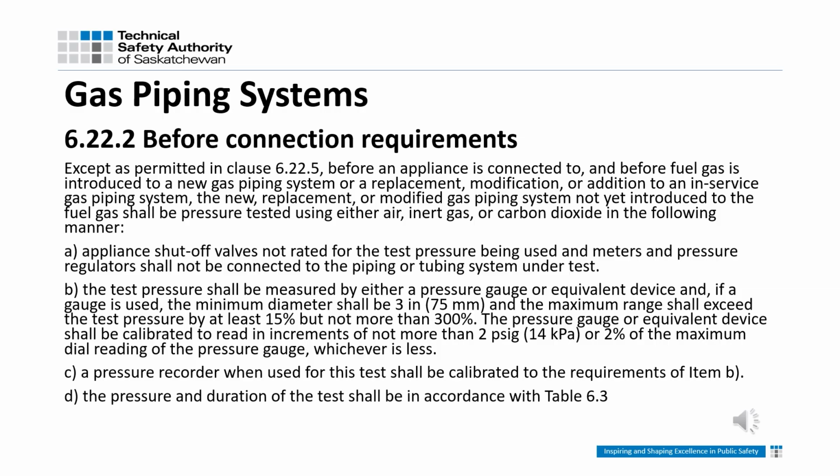B states that the gauge must be 3 inches minimum in diameter with increments no more than 2 psi and a range of not less than 15% and no more than 300%. In C, it gives you the option of a pressure recorder that is calibrated to the same requirements of B, and D refers to Table 6.3 for all pressures and lengths of tests.